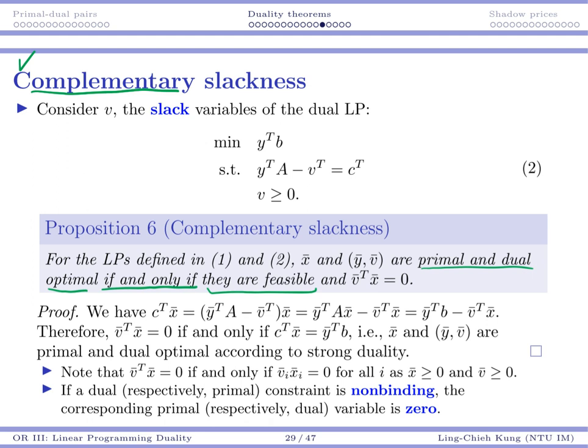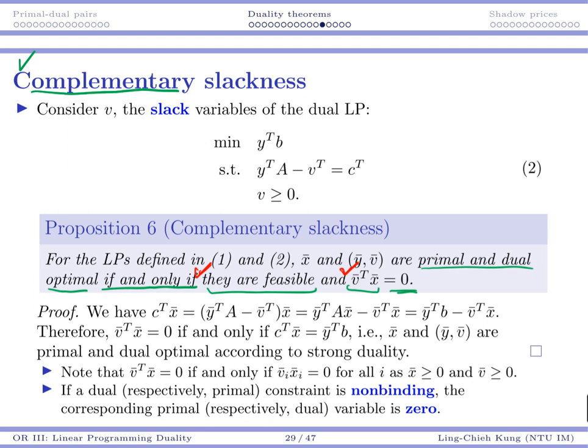And second, V bar transpose X bar equals 0. So as long as you satisfy condition 1 and condition 2, these two solutions are primal and dual optimal. Or the other way, if they are primal and dual optimal, of course they are feasible, and they must satisfy the fact that the product is 0.